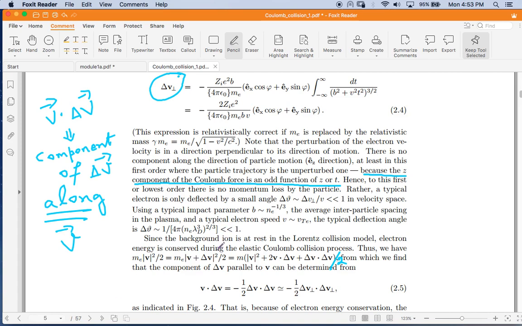Okay, that's what this is. And what would that be? This is essentially delta v parallel, because that's a definition, isn't it?